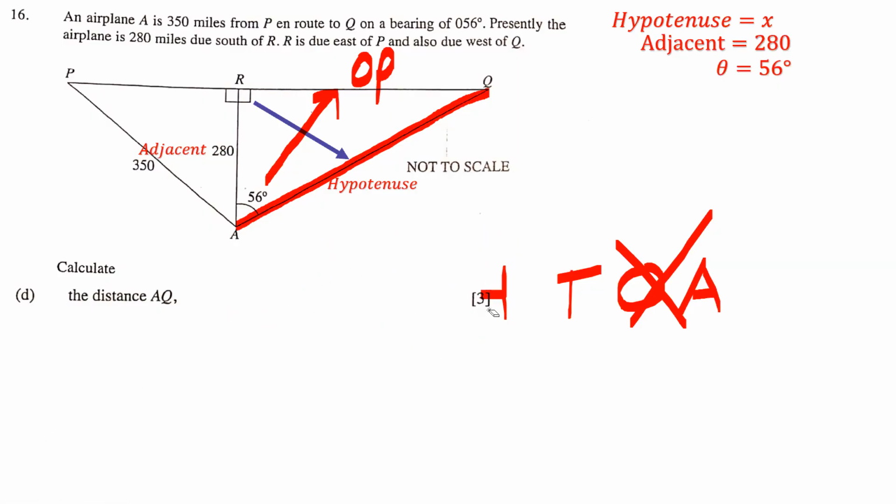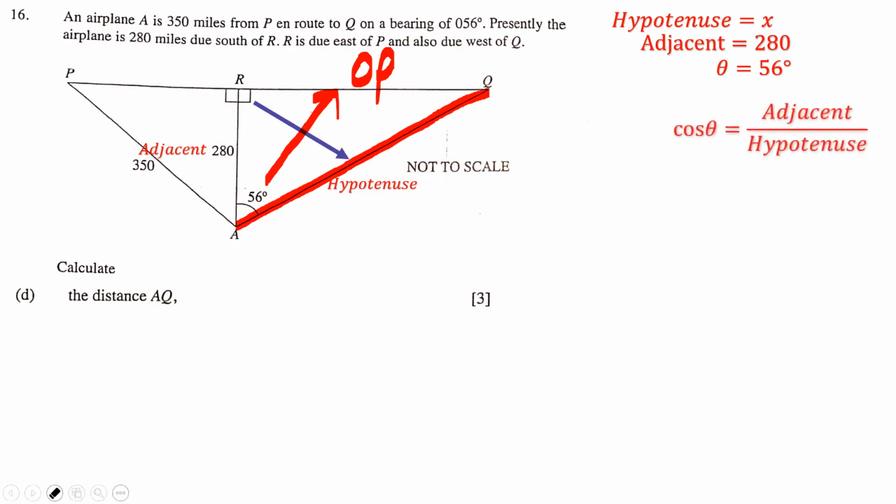So let's continue. We have cosine, that's going to be the adjacent over the hypotenuse. What is the adjacent? 280. What is the hypotenuse? X. What is theta? Theta is 56, the given angle.